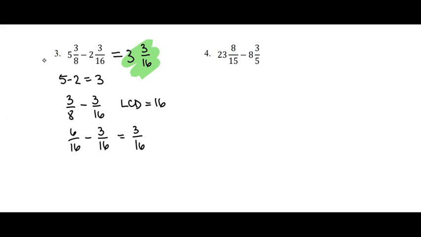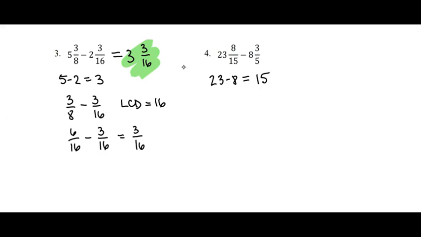Okay. Next one. 23 and 8 over 15 minus 8 and 3 over 5. Okay. So let's do the whole part first. So 23 minus 8 would give me 15, right?